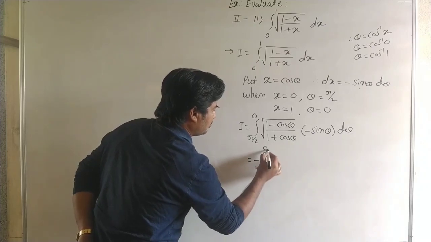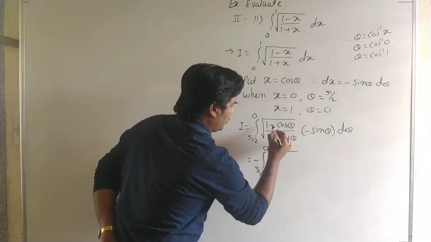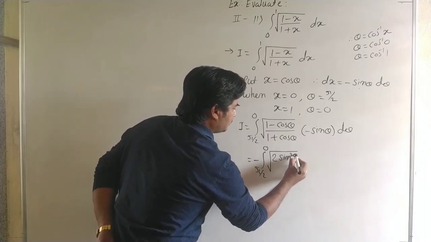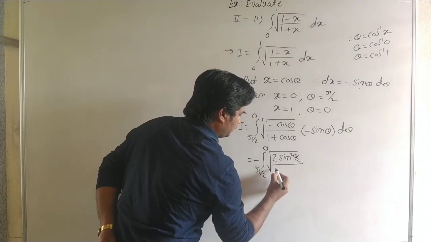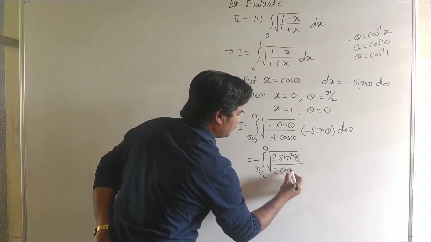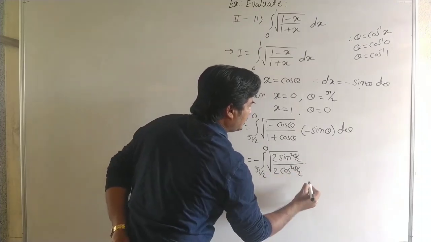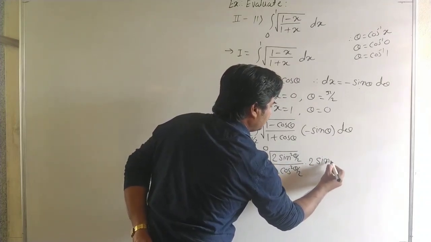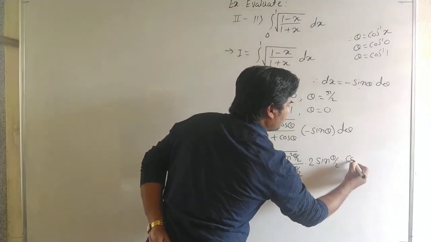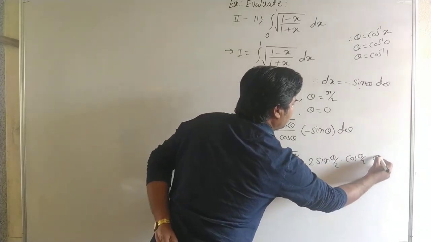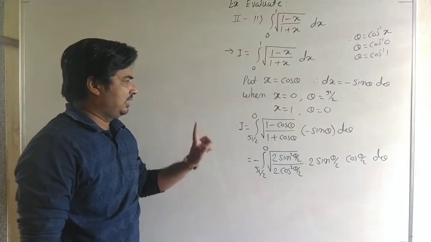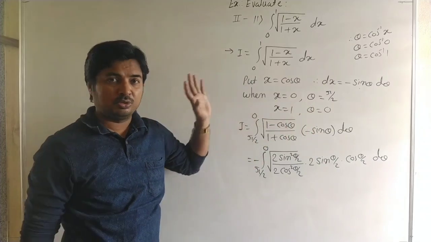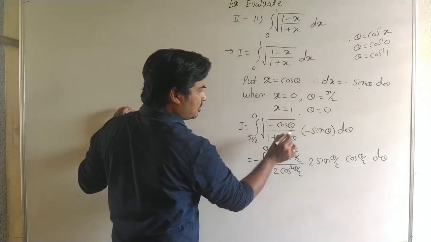It is pi by 2 to 0 into under root of (1 minus cos theta), it is 2 sin square theta by 2, upon (1 plus cos theta), 2 cos square theta by 2, into sin theta, and again we use the formula for sin theta, it is 2 sin theta by 2 into cos theta by 2 d theta. Okay, see carefully, here we use the trigonometric formulas for 1 minus cos theta, 1 plus cos theta, and sin theta.